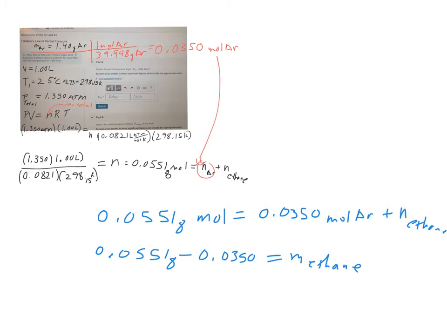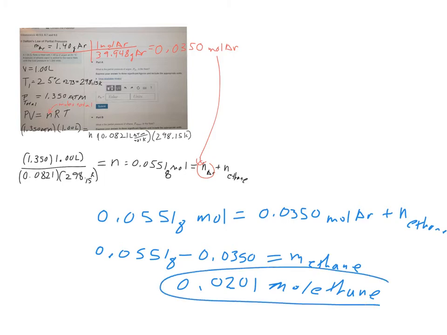And that gives me 0.020. All right. So that gives me my moles of ethane. All right, so I've got a number of moles of ethane, and I've got the moles of argon.